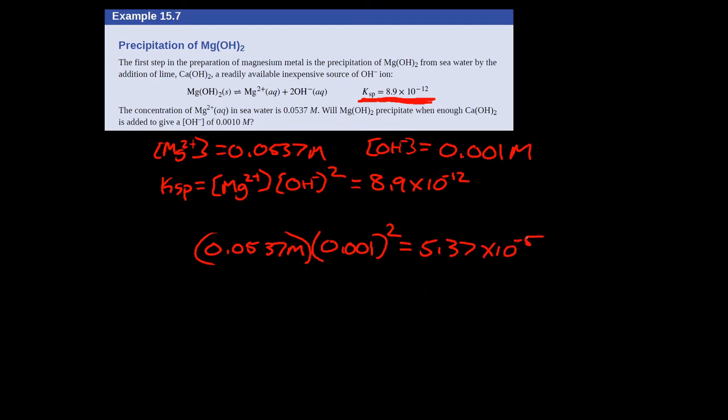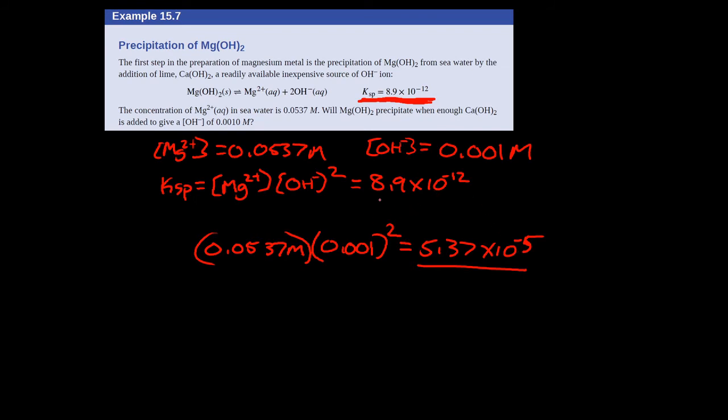So we have to think about what this is actually telling us. This number, is it smaller or bigger than this number? Hopefully you said bigger. So this is significantly bigger. It is 7 orders of magnitude bigger than this number.